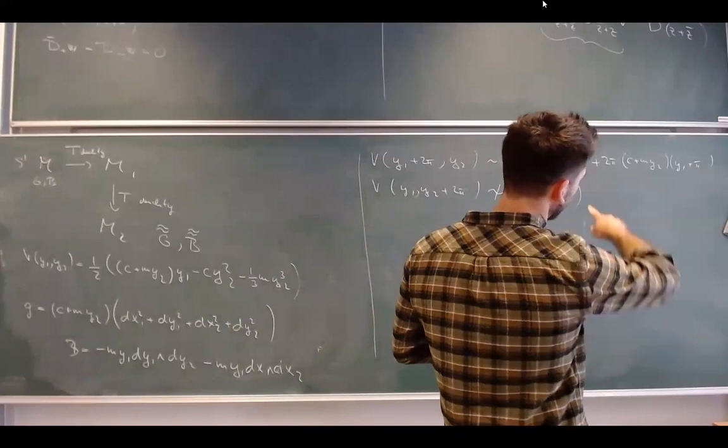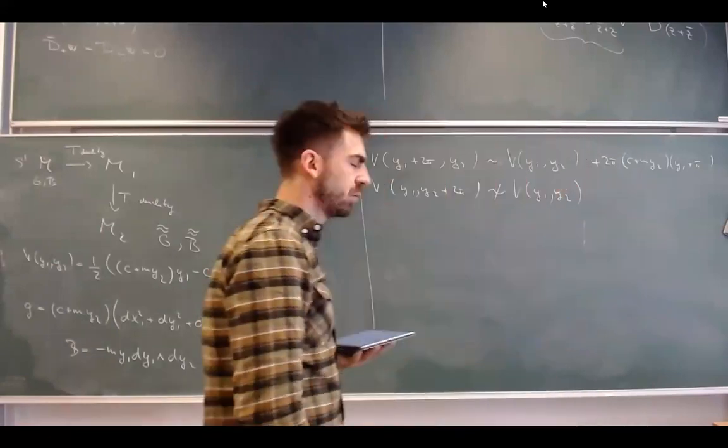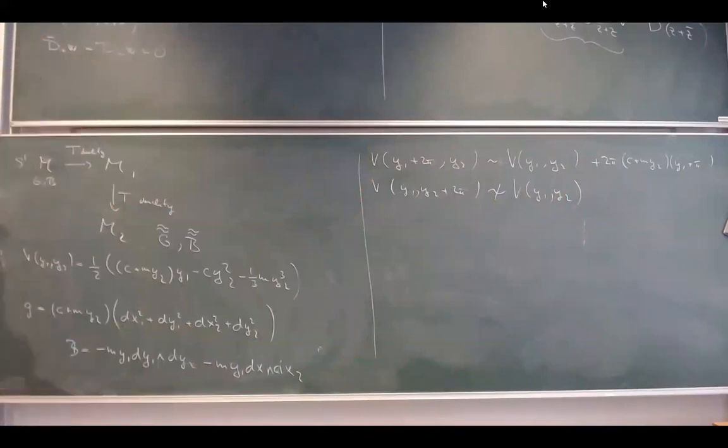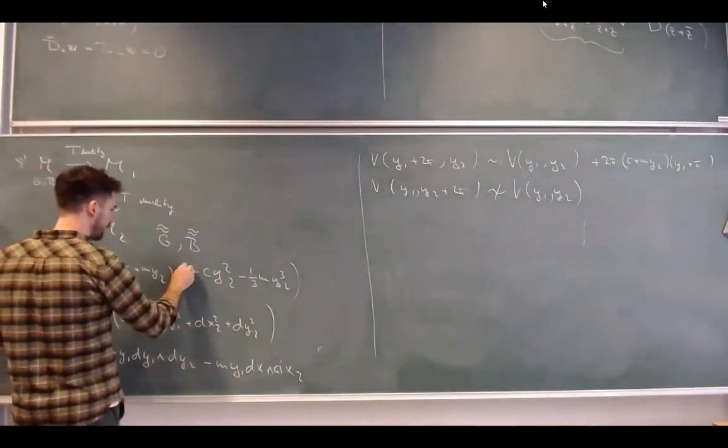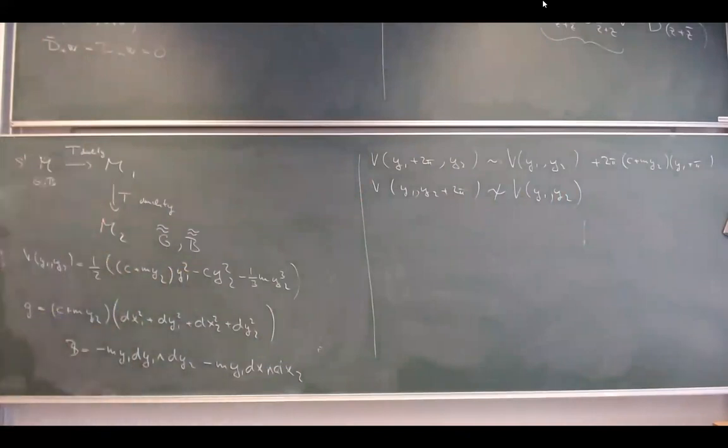But yeah, so this is not a gauge transformation, right? Look at your potential and just shift Y1. So instead of Y1, you write Y1 plus 2 pi. Yeah, I made a mistake here. Oh, okay, that's what I was asking from the beginning.